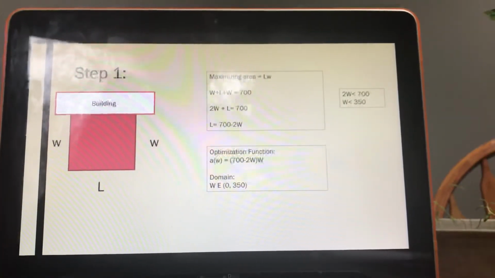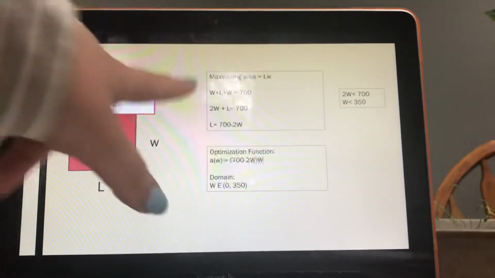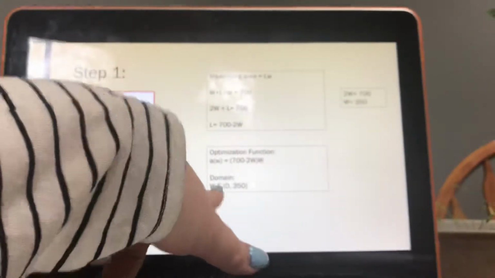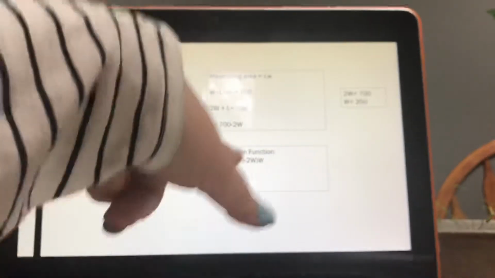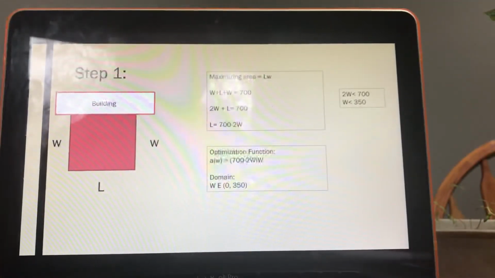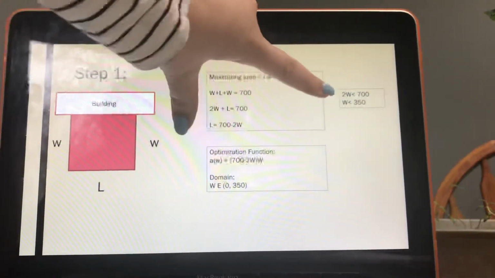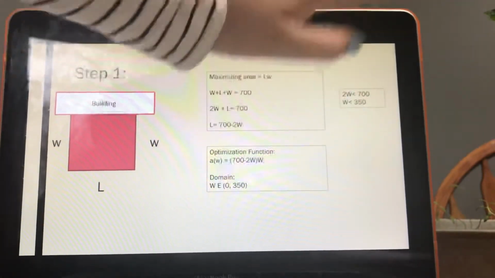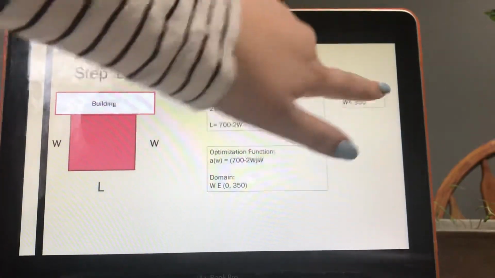Our optimization function is A(w) equals (700 minus 2w) times w. So our domain for this problem is w equals 0 to 350. That's because 2w is 700, so half of that, which is w, is 350.